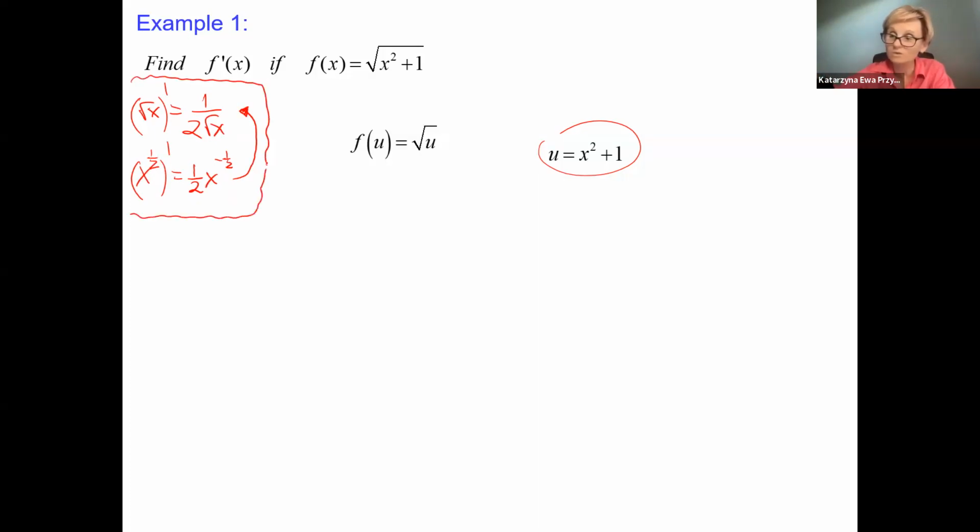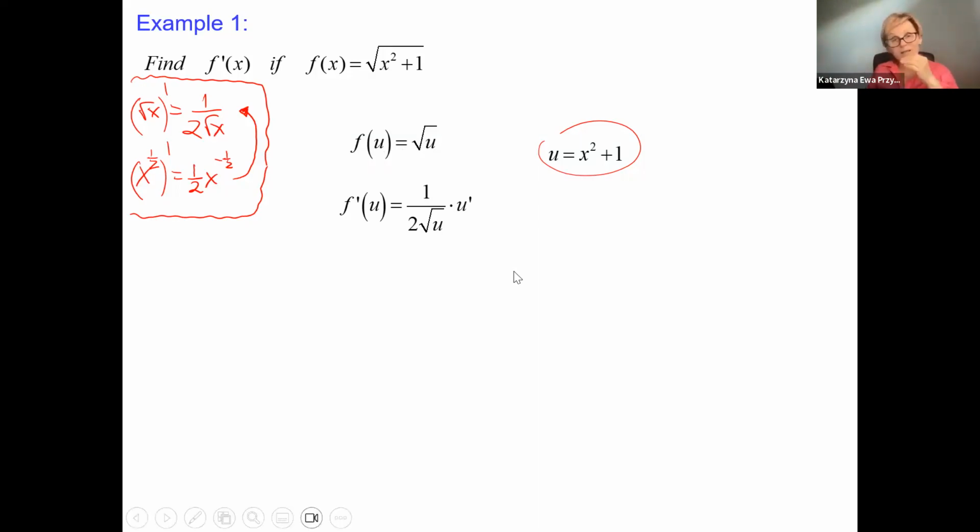The square root of x is quite a good friend of ours, so we have to know it. That means the derivative of square root of u is 1 over 2 square root of u, the outer function, times the derivative of the inner function, the derivative of u. Remember, outer times inner.